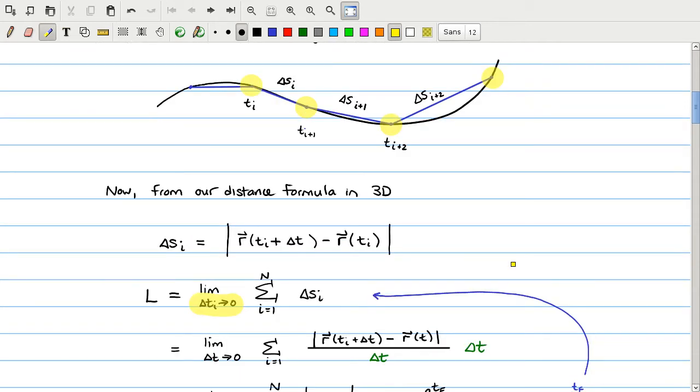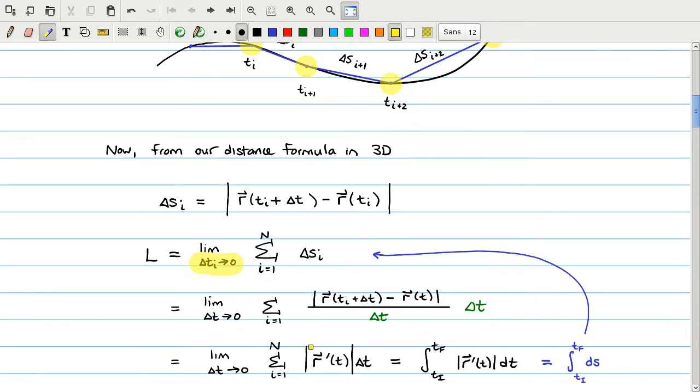There's one sort of magic multiply that we do in this limit, because we now re-express these delta s's in terms of the original magnitude of the vector difference between the positions, r of t i plus delta t minus r of t. And the magic multiply is that we now multiply and divide by delta t. Why do we do that? Because in this limit of delta t going to 0, this object right here is exactly the definition of the derivative r prime of t. The magnitude of that derivative, in fact.